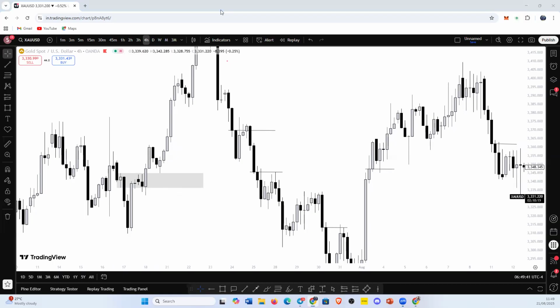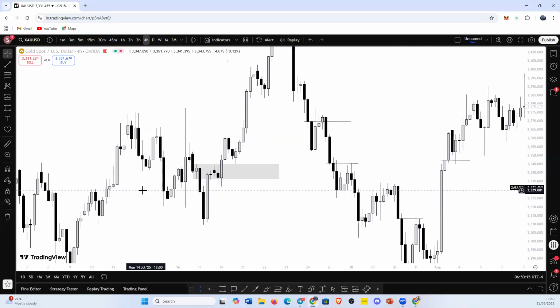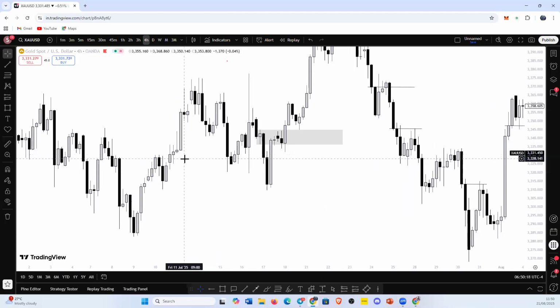Then fly up. Came down to that particular candle, then fly upward. So that's one example.